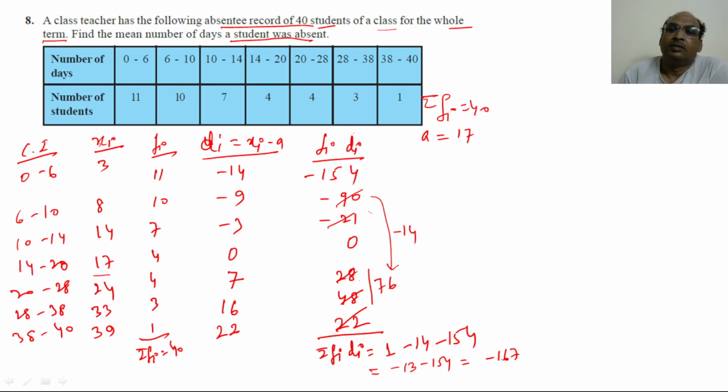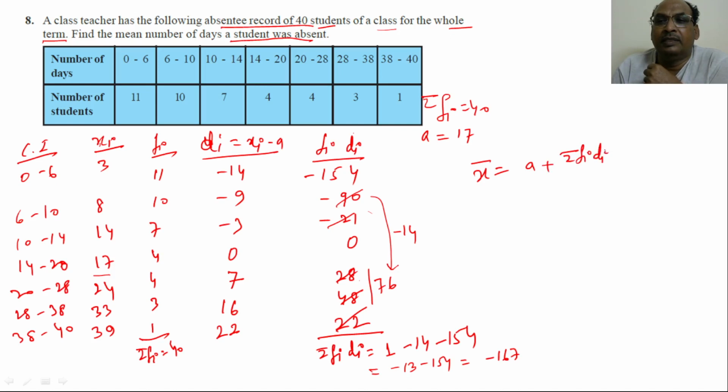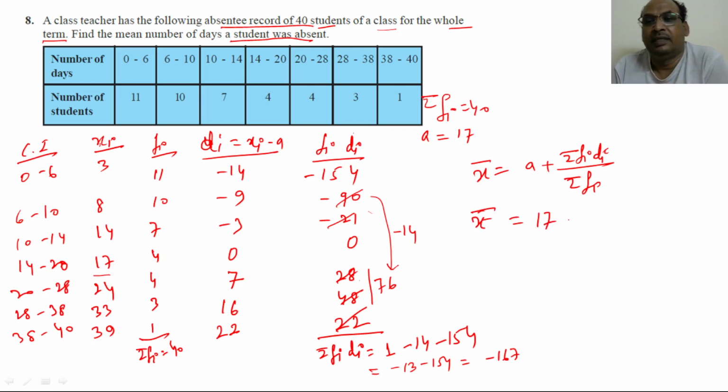Then x mean is equal to A plus sigma fi di divided by sigma fi. So x mean is equal to A, which is 17, and minus 167 divided by 40.